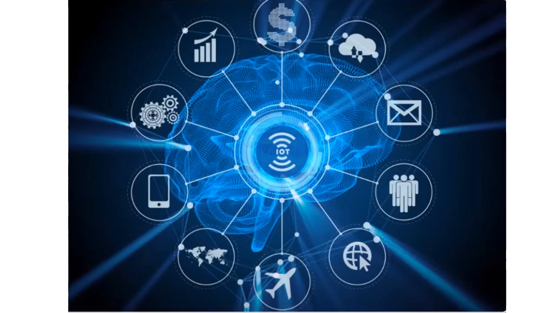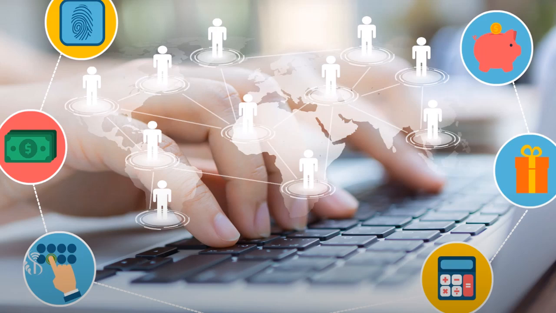And as we know, technology has advanced so much, so with the help of the internet and internet banking, we can do most of these transactions from home. So we don't have to go to the bank and stand in a line.